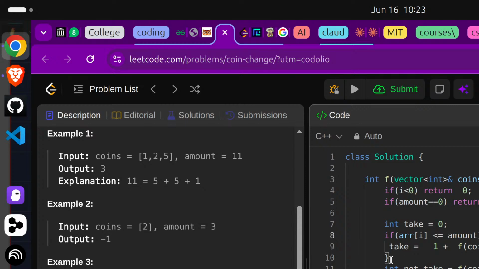So, okay, minus 1 is this. No. Do we need to do minus 1 here?